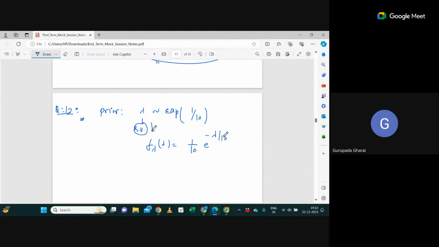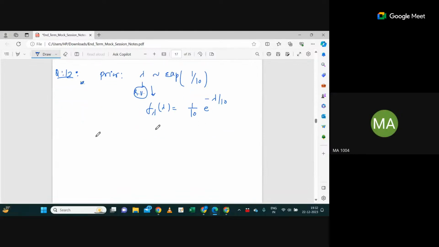Now we have been asked about the posterior. We know the posterior is proportional to likelihood times prior. And what is the likelihood? We calculated it in the previous question itself; it's just a continuation.